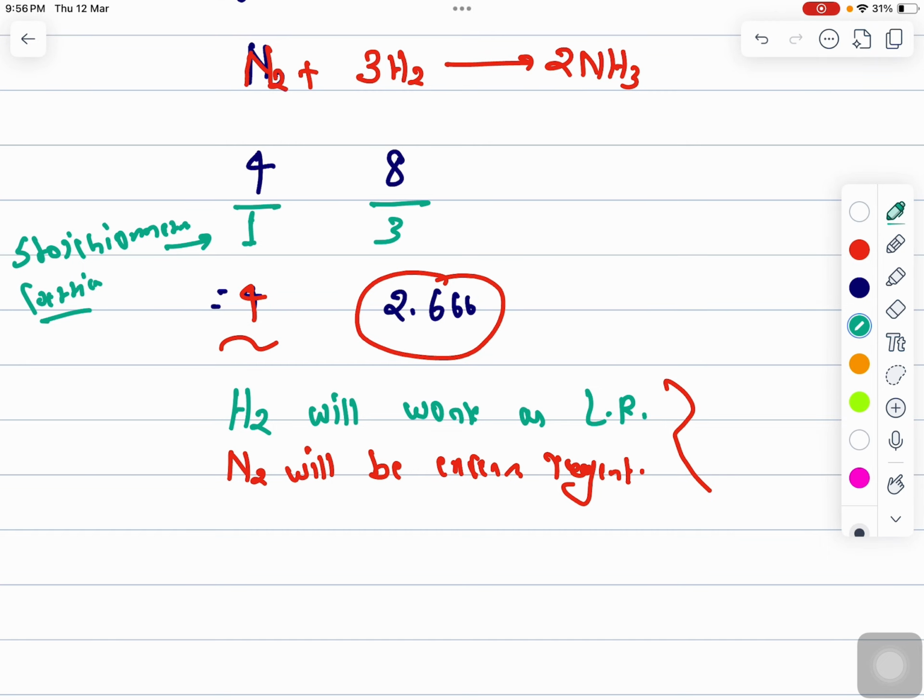1 mole of nitrogen reacts with 3 moles of hydrogen.